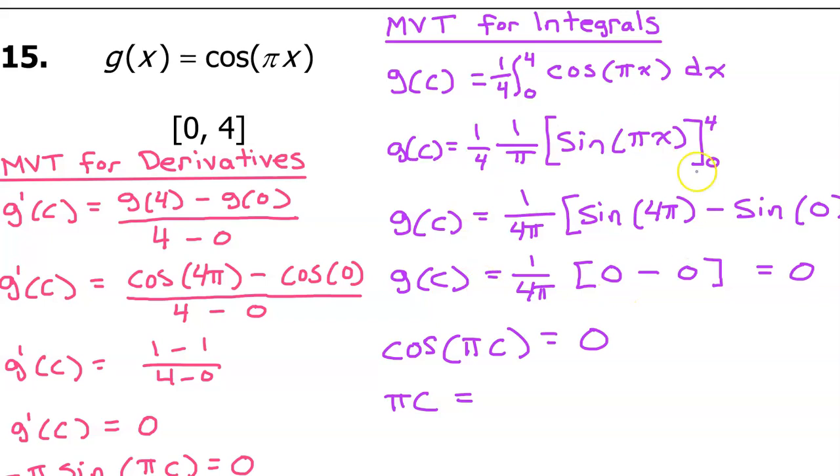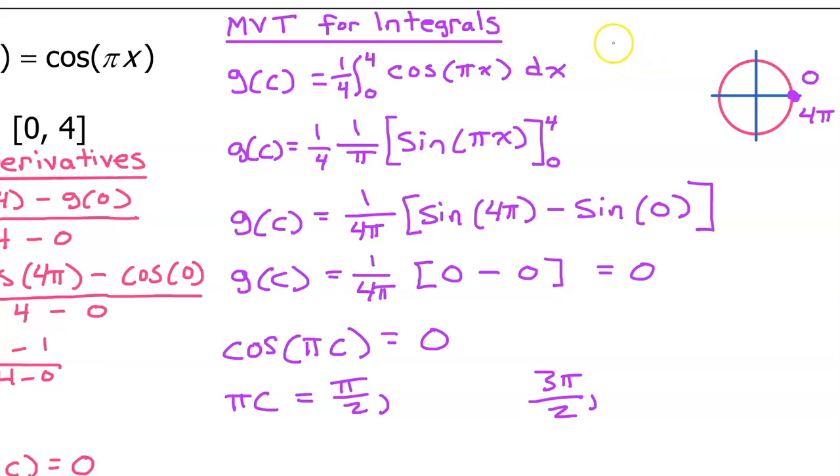If we were talking about one spin around the unit circle, cosine equals 0 at pi over 2 and at 3 pi over 2. Why am I leaving this additional space? We want to find all of the solutions that we can between 0 and 4. So there might be more solutions than these two.